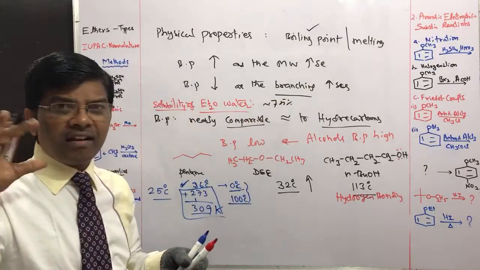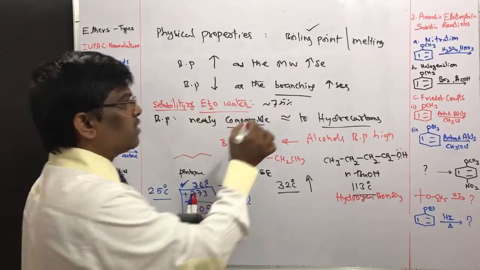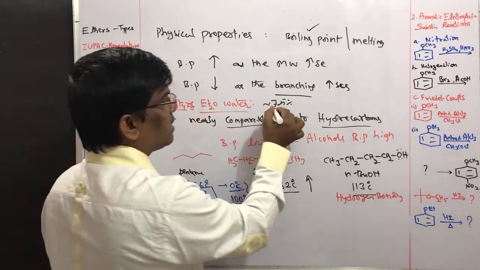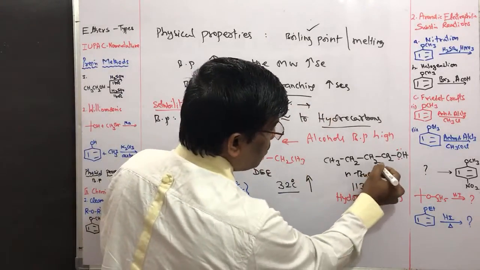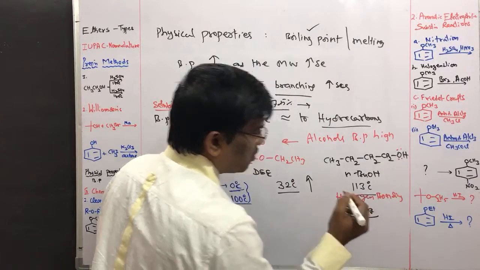Means if I take 100 grams of ether and dissolve in 100 ml of water, it dissolves only 7.5 grams and the remainder is insoluble. Whereas N-butanol, about 8.5 grams is soluble.